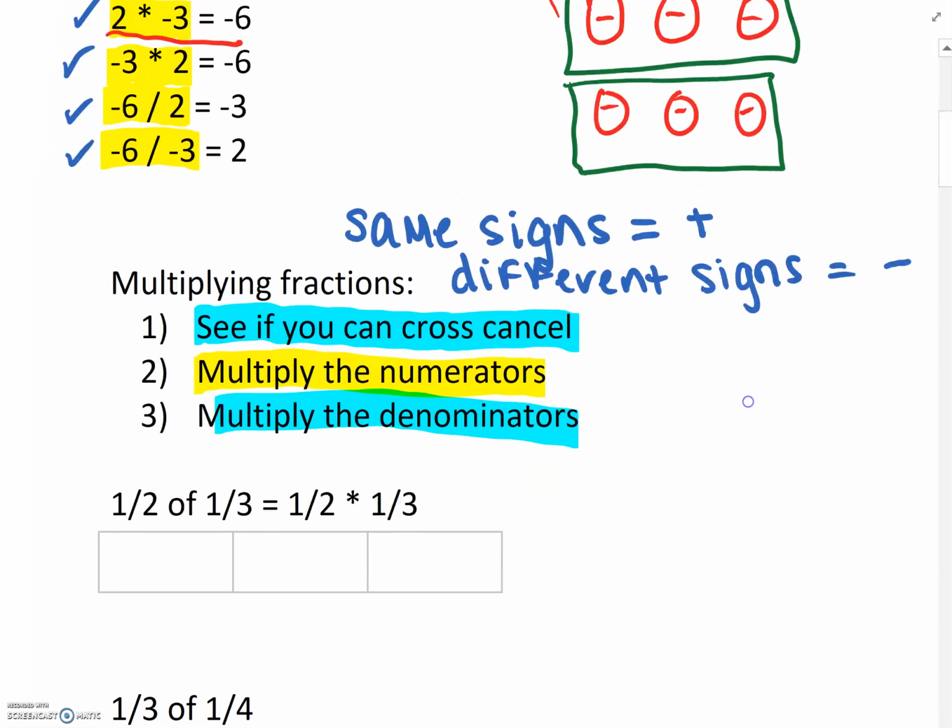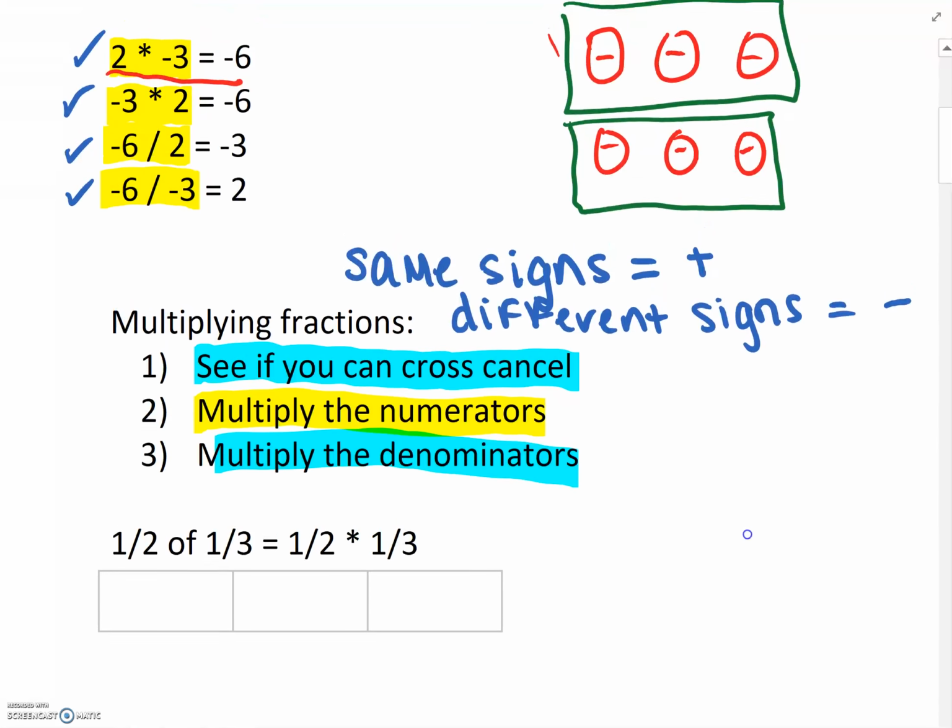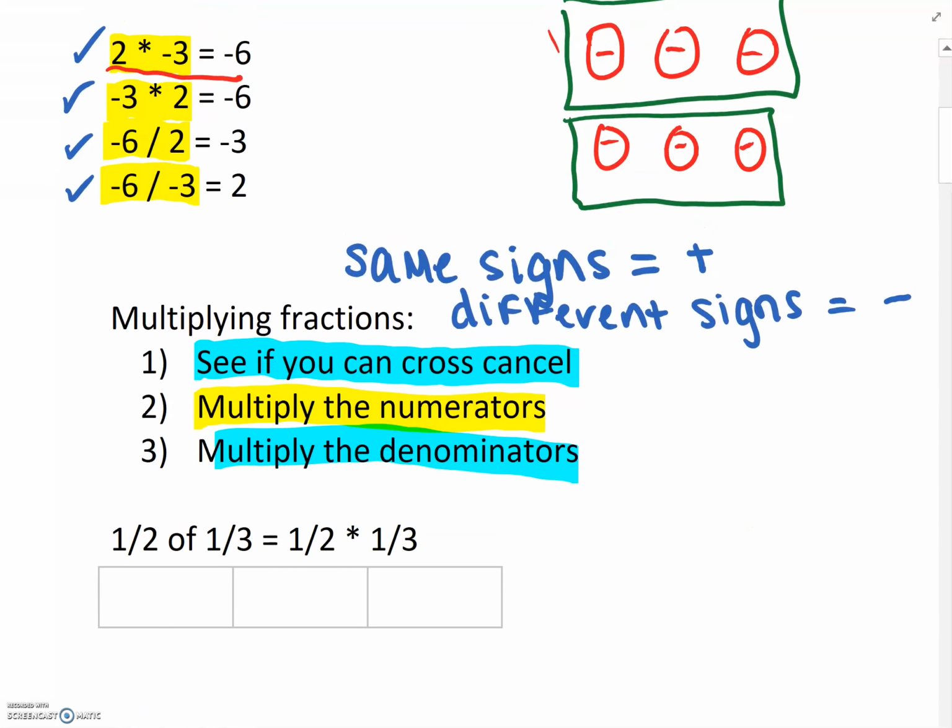We're going to look at a pictorial representation of multiplying fractions. In this example, we have a bar split up into thirds. We're going to look at 1/3. So that's 1/3. And we want to find half of that. So half of that 1/3 is going to be right here.